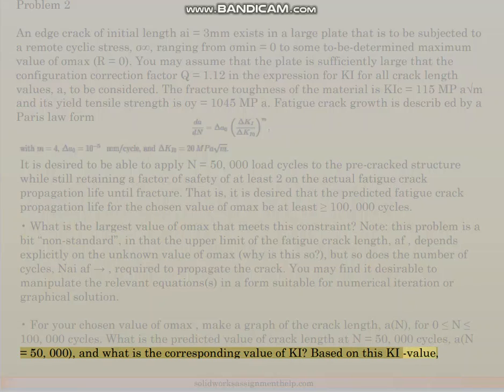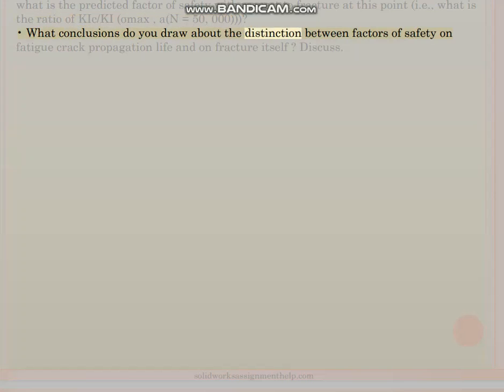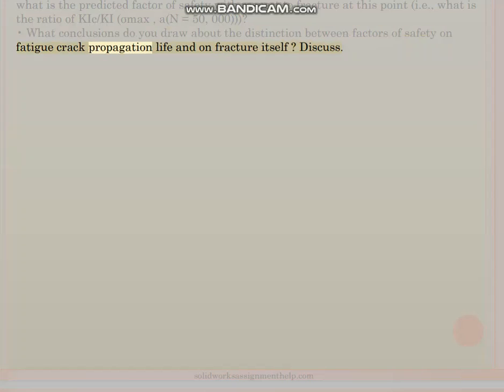Based on this Ki value, what is the predicted factor of safety with respect to fracture at this point, i.e., what is the ratio of KIC over Ki max at a(N equals 50,000)? What conclusions do you draw about the distinction between factors of safety on fatigue crack propagation life and on fracture itself? Discuss.